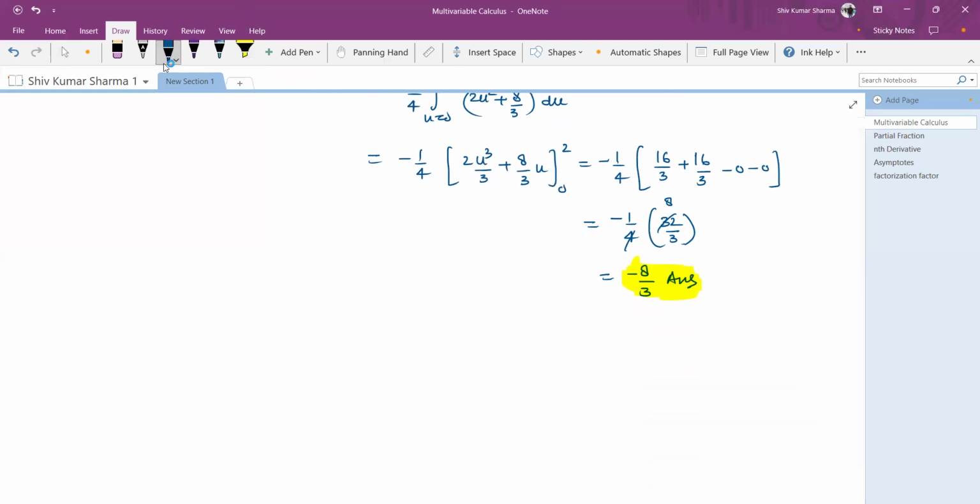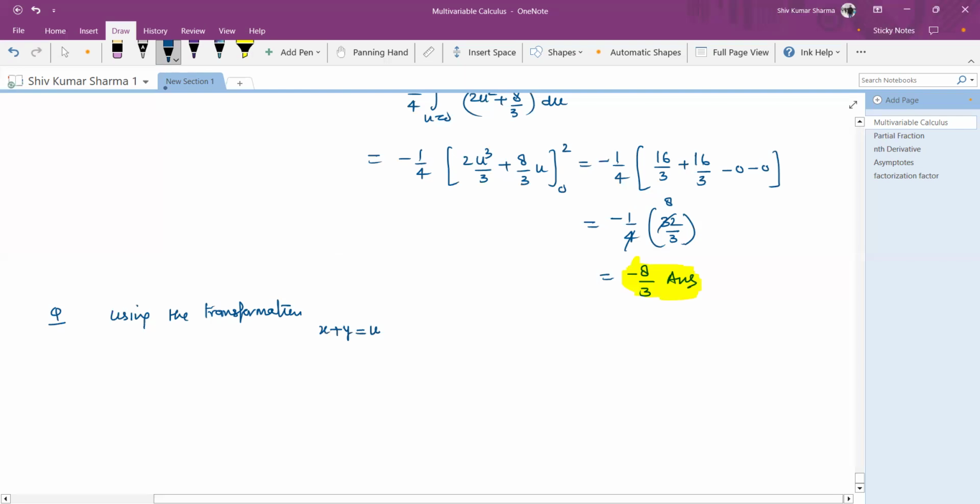The next problem is: using the transformation x plus y is equal to u and y is equal to uv, show that the integral 0 to 1, integral 0 to 1 minus x, e raised to the power y upon x plus y, into dx dy is equal to 1 upon 2 (e minus 1).